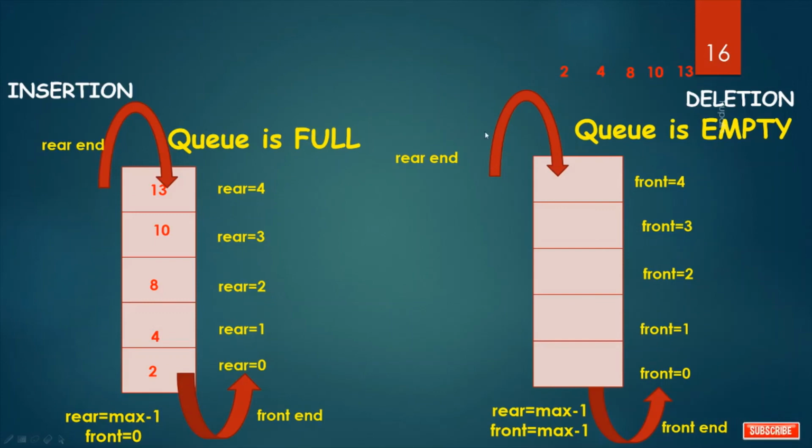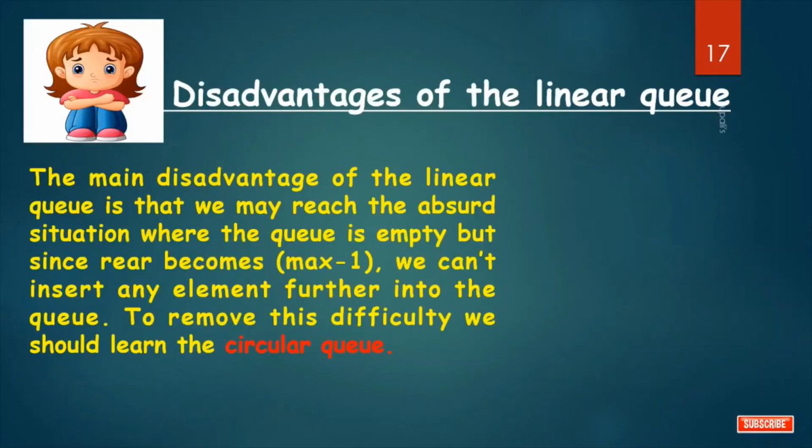So we can't insert any new element into this queue, though the queue is actually empty. So what is the disadvantage of linear queue? The main disadvantage is that we may reach the absurd situation where the queue is empty, but since rear becomes max minus 1, we can't insert any element into this queue.